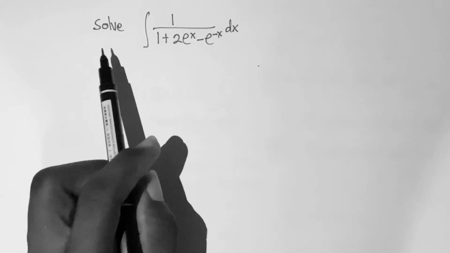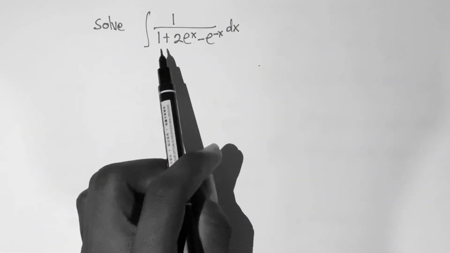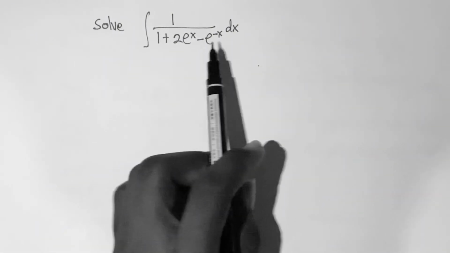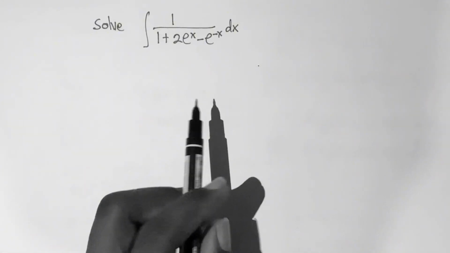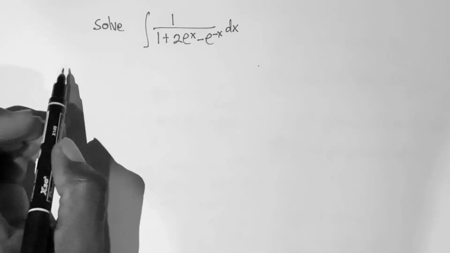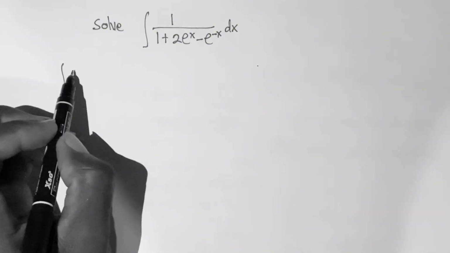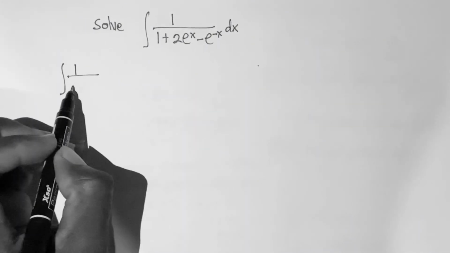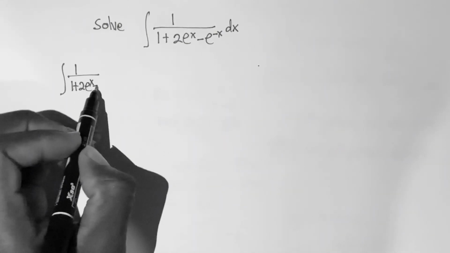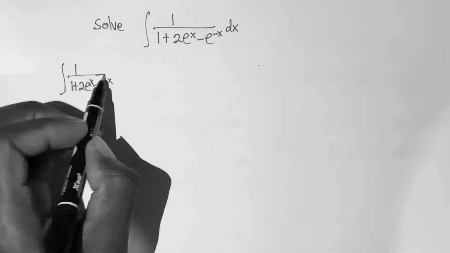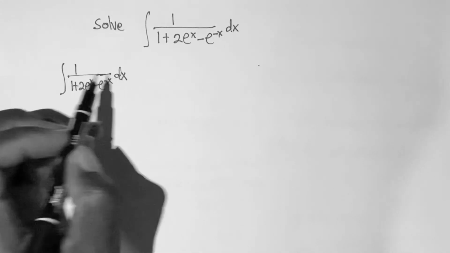So solve the integral of 1 divided by 1 plus 2 e to the x minus e to the minus x dx. Now what we will do is, let me rewrite this. Let me first write the function, which is 1 divided by 1 plus 2 e to the x minus e to the minus x dx.